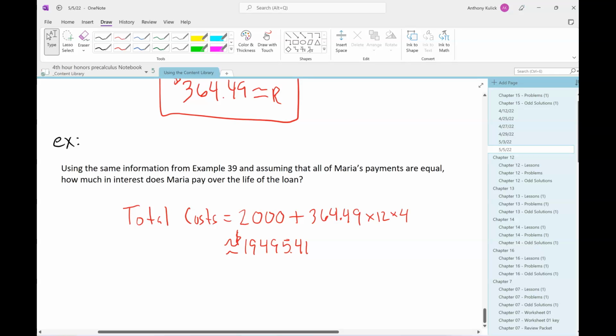Everybody's okay with that? So the interest is going to be the total cost minus the amount borrowed. Oh, no, not that. It'd be just the price.